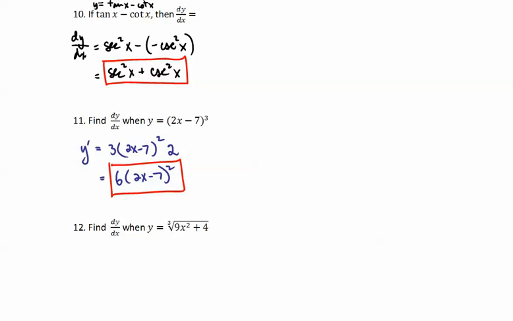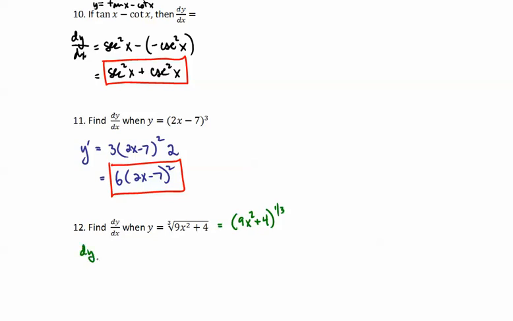Alright, in problem number 12, we have y is equal to the cube root of 9x squared plus 4. So we'll rewrite that as (9x squared plus 4) to the 1/3 power.